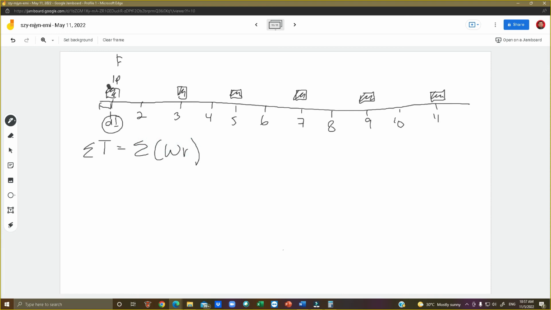Torque 1, kita namakan dia ni A, torque B, torque C, torque D, torque E, and torque F. Okay, and it needs to be equal with the summation of weight in the system and the new R. This new R, this new D will determine the location of the COG placement.